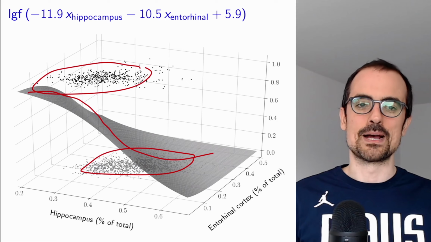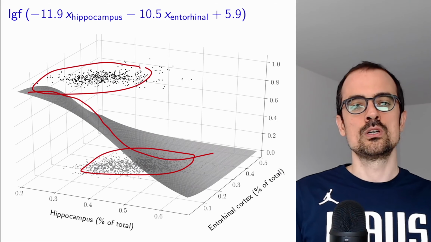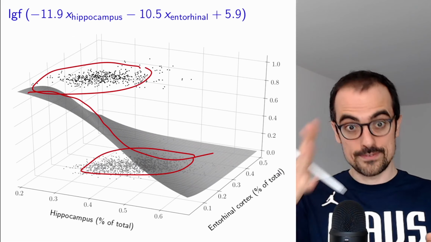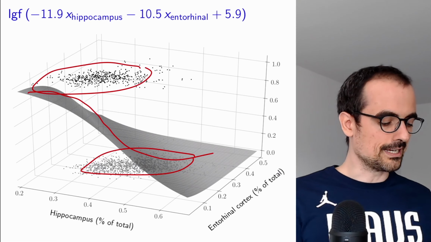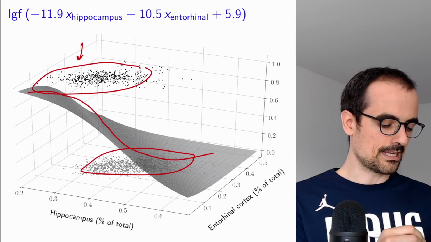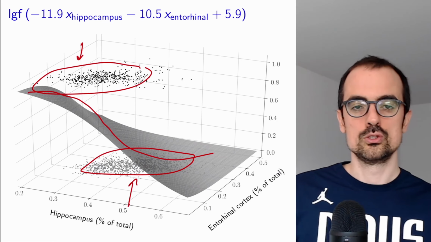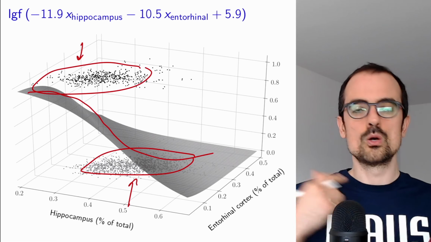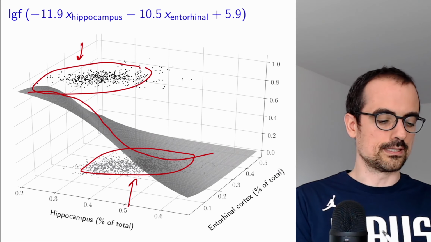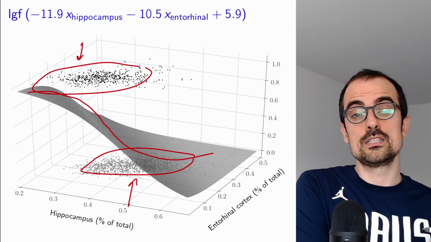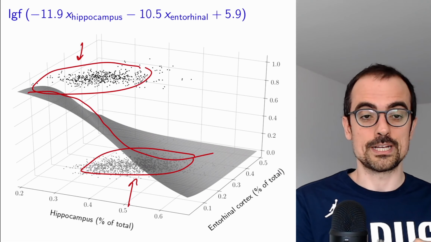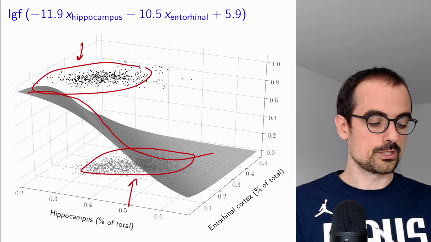By maximizing the likelihood, we're choosing this 3D surface so that it assigns a high probability of having Alzheimer's to these patients and a low probability to those. We achieve that by maximizing the likelihood of the observed data, which is the conditional probabilities of either Alzheimer's or healthy, depending on the real status of the patients, given the two brain volumes.